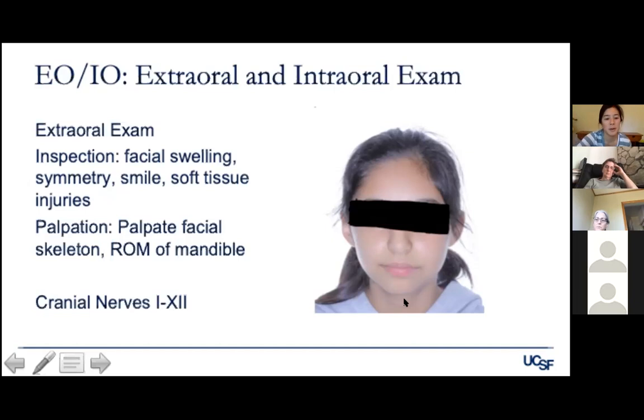So it's really important also to ask the parents if this is their normal, because you may assume that this is swelling or something, but it could just be their baseline. Their mandibles tend to grow until their late teens. So they're still growing in this area. And it's important to know whether that's an acute injury or if it's just their baseline.